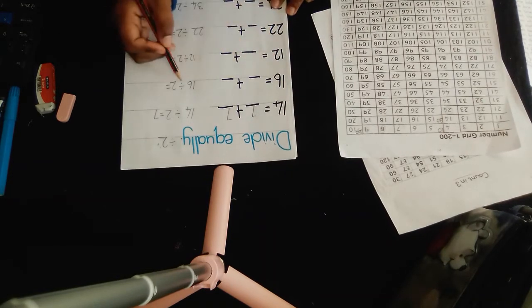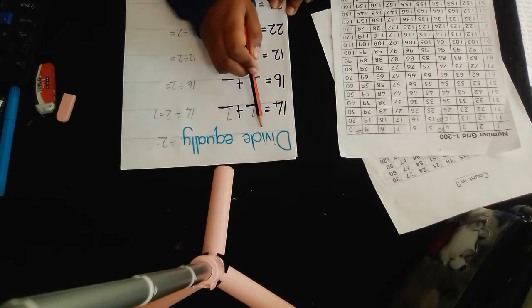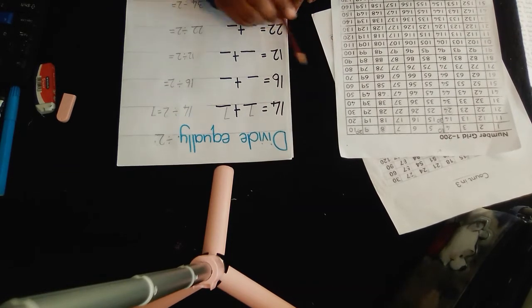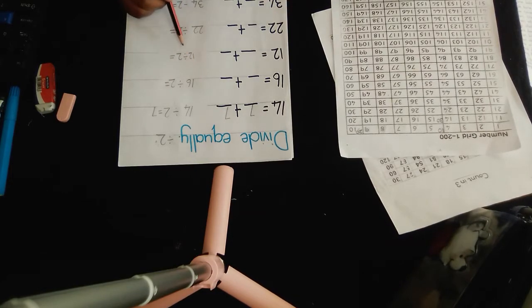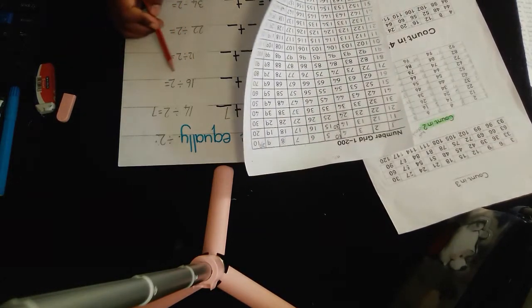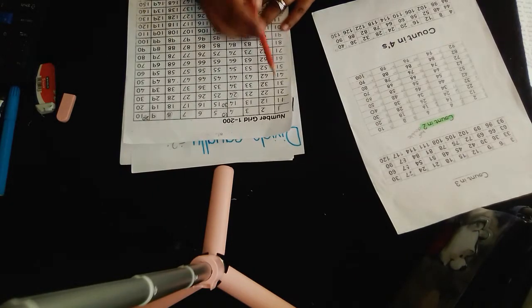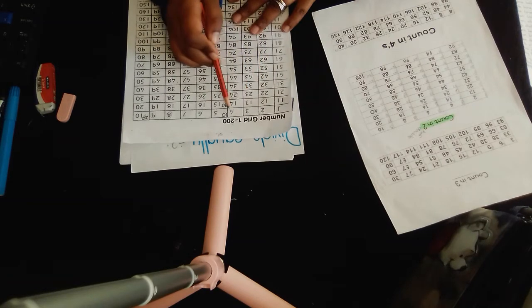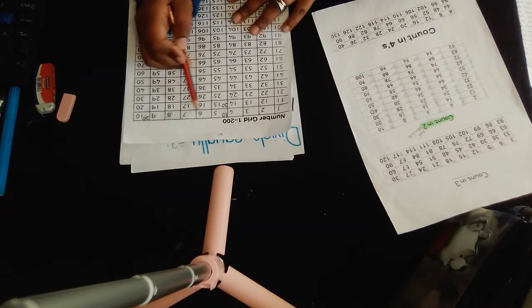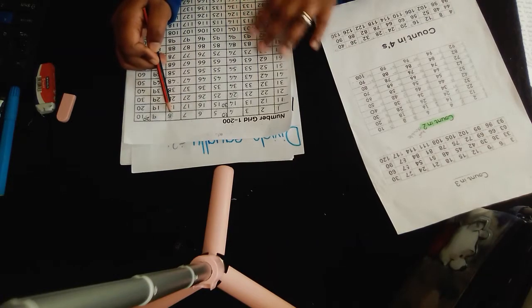16. I have 16 marbles and I must divide equally between Sarah and John. So when I hear myself say 16, I stop. 2, 4, 6, 8, 10, 12, 14, 16.